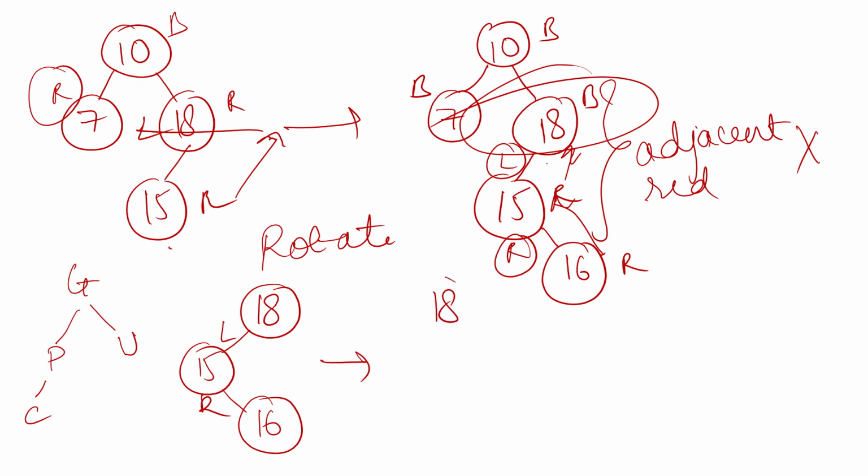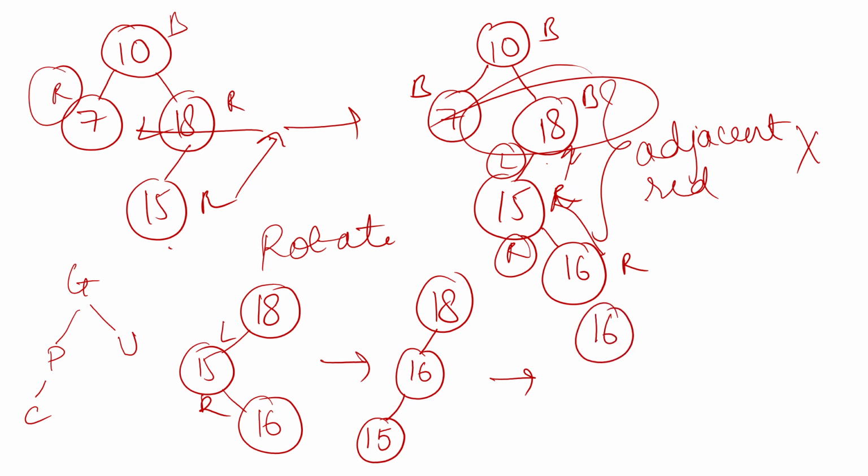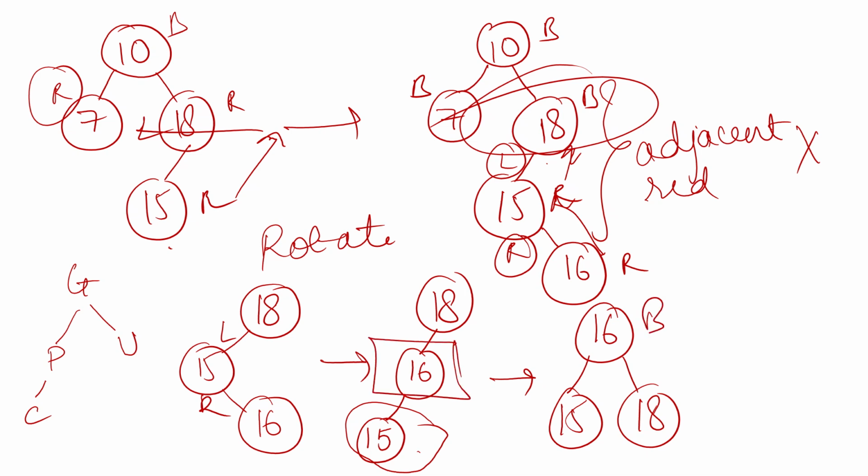So 18, 16. Now 15 is less than 16, so we have 16 as a root, 15 as a left child, and 18 as a right child. Now remember, when you rotate, the color of the bottom node will not change, whereas the node which becomes the parent will always be the black node.